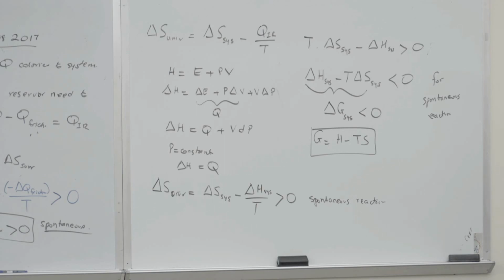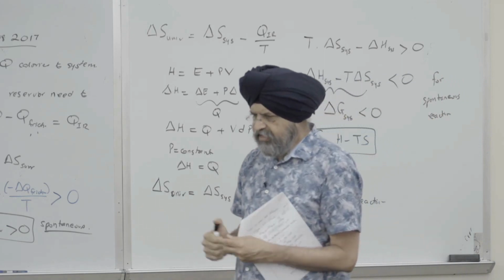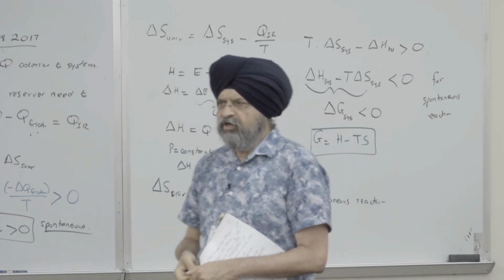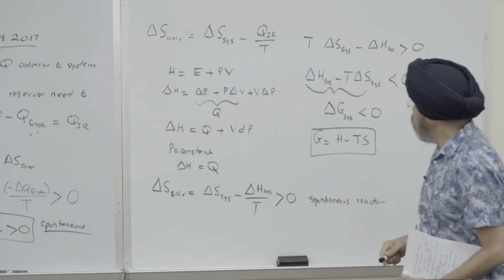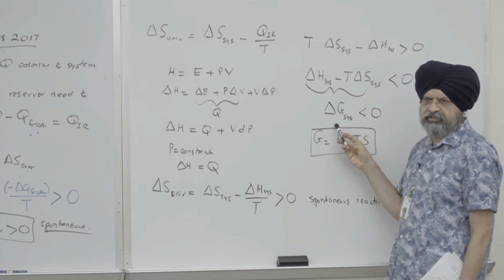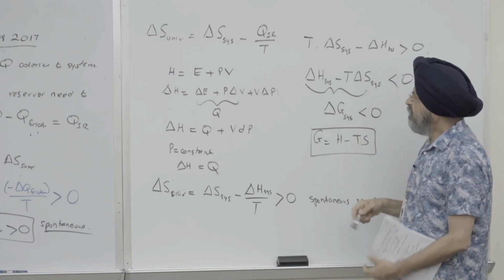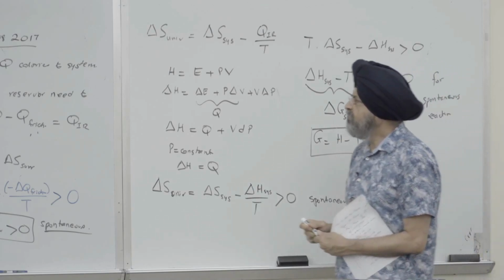So what did we do? We started the lecture by saying there's a chemical reaction, and you can look up the chemical handbooks and find out what is the delta G for that reaction. And then once you know delta G, what do you do with that?